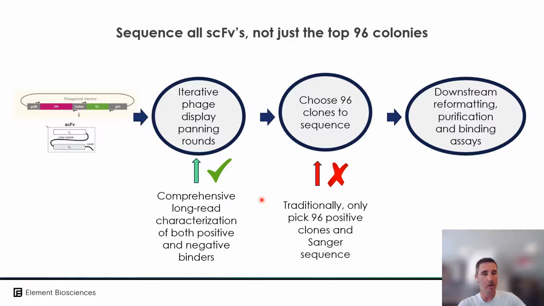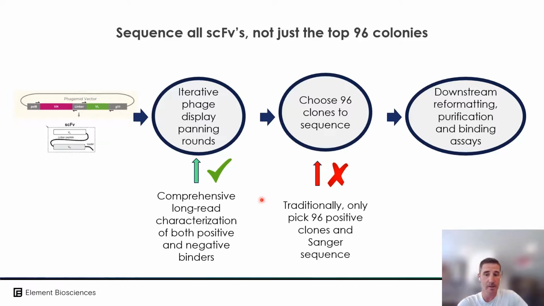In contrast, because we can do long-read sequencing, we can circumvent cloning altogether and sequence directly the library of binders or non-binders. And we're not limited to 96 colonies because we're sequencing single molecules, so we're circumventing cloning and directly sequencing the DNA encoding antibodies that were bound to the target.